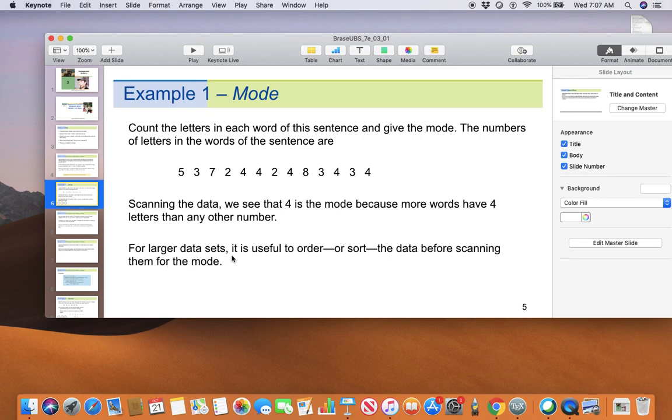So for larger data sets, it's usual to order or sort the data before scanning them. You see, this was a small list of numbers. We went through 5, 3, and whatnot. But if you have a large number of numbers, then it's better to order them first before going through which numbers appear most.